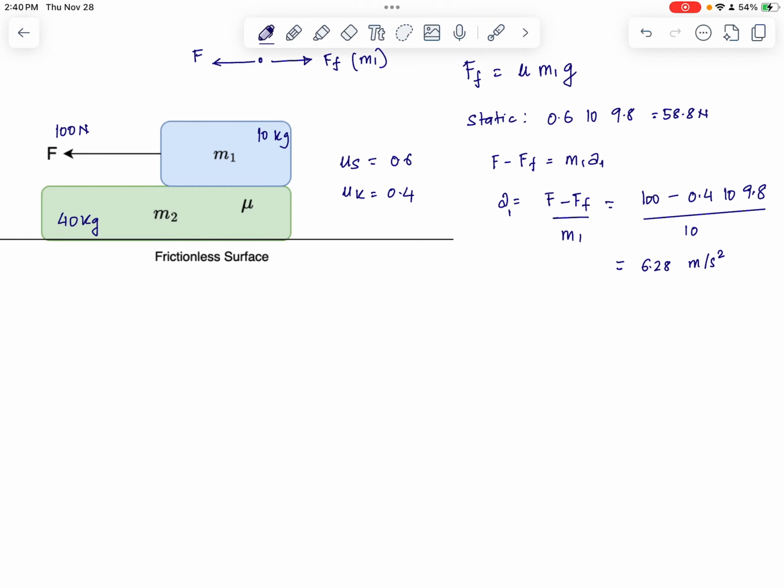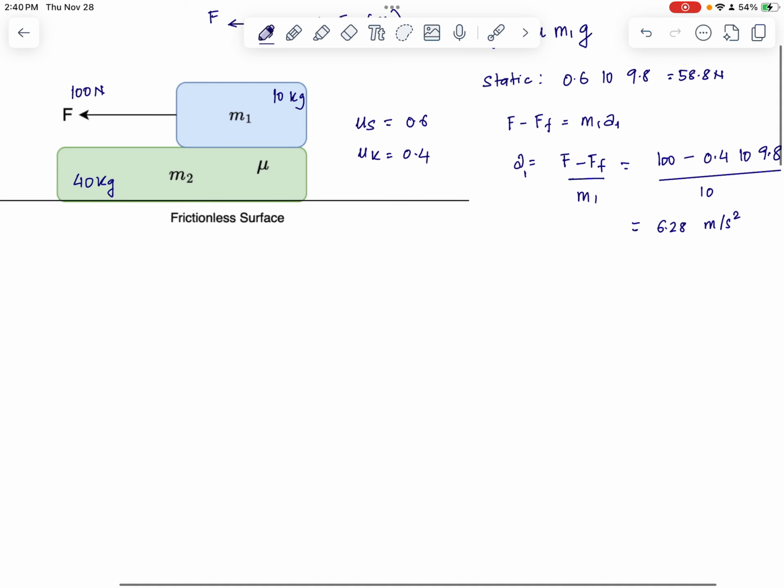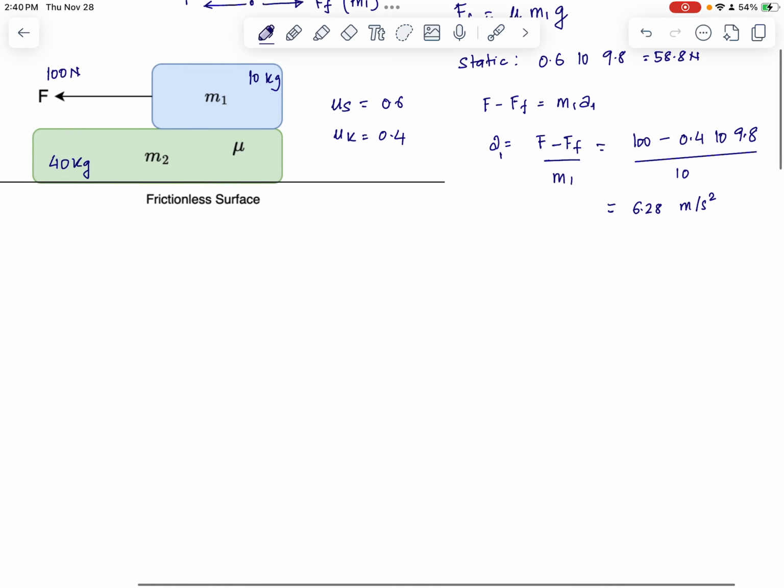Now if you look at the acceleration of the second block, if you look at the free body diagram, the only force acting on it is the frictional force, and the frictional force tends to pull the bottom block forward. So the frictional force equals m2 times a2.